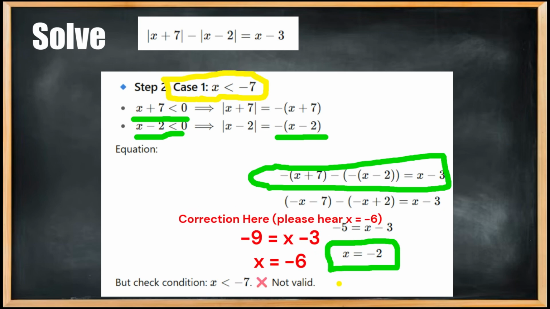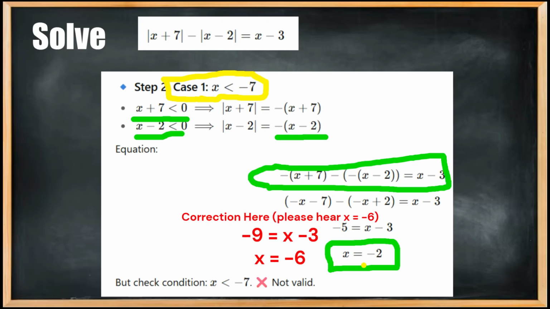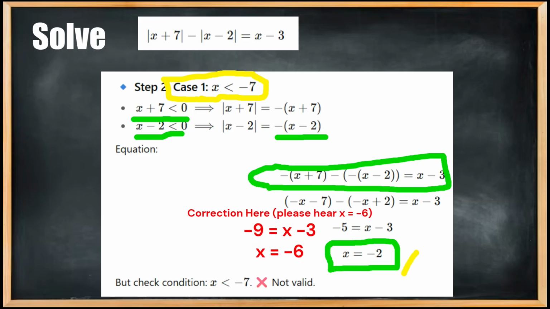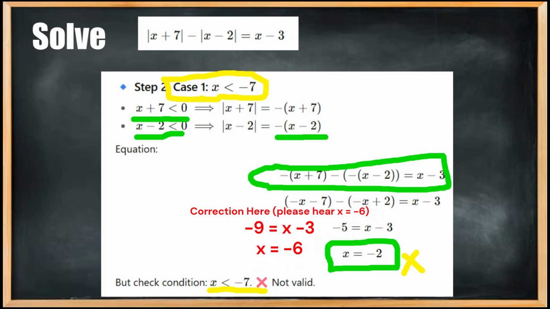Now x equal to minus 2 does not satisfy this case, because minus 2 is bigger than -7. So it is not less than -7. So this value which has come after evaluation is not satisfying this condition. So this is not a valid value. Okay, so let's go to the other interval in the domain.